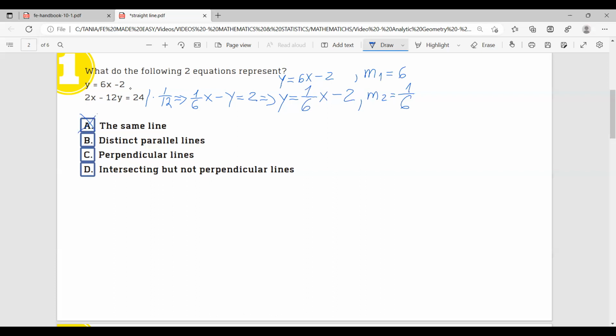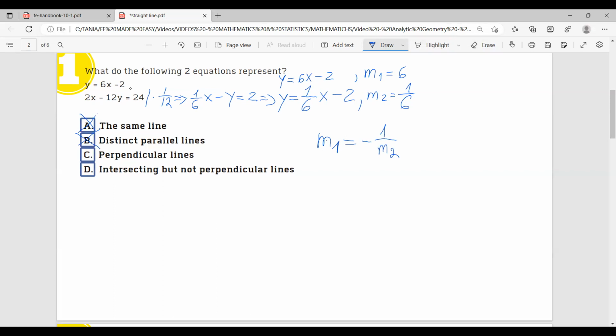And now we can also see m1 equals 6, m2 equals 1 over 6. So they don't have the same slope, and these two lines are not parallel either. Now we have to move further and check if these two lines are perpendicular. In the FE handbook, you are told that two lines are perpendicular when m1 equals the negative inverse of m2.